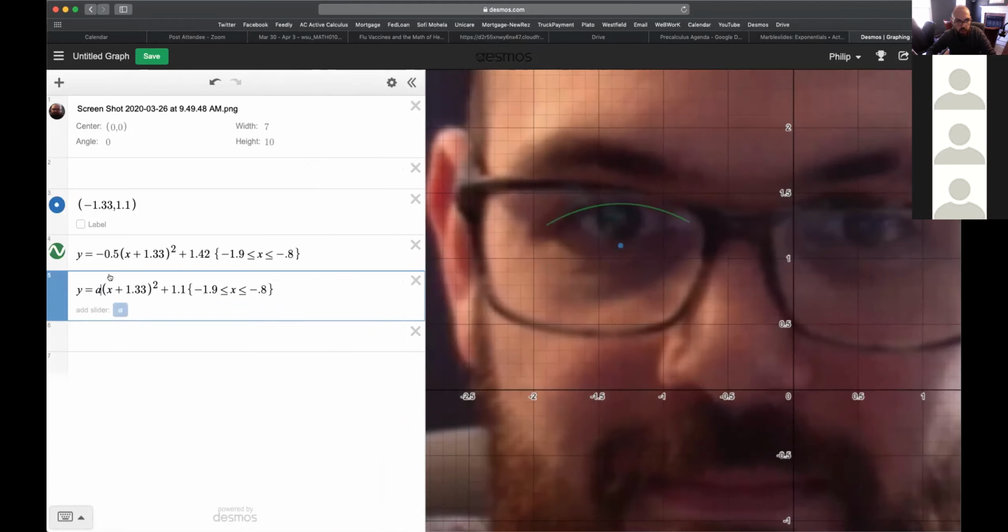And then I'm going to add my slider back in here again. Now I can bend this around until I get it to about where I want it to be.